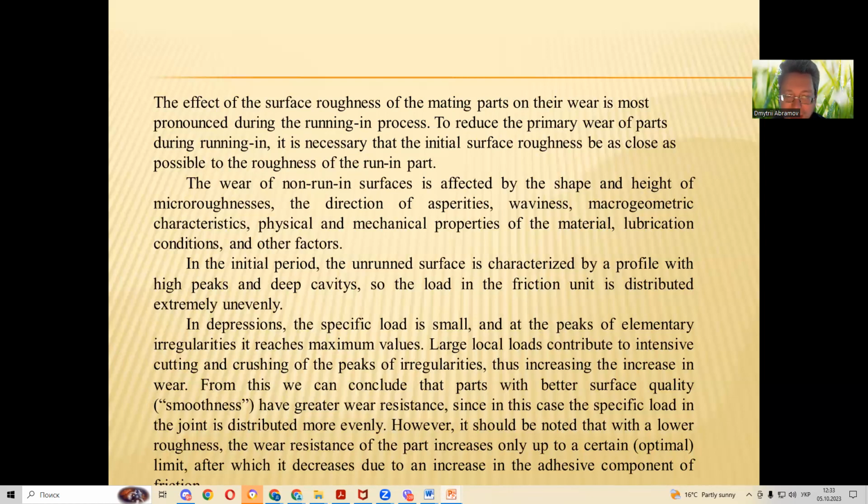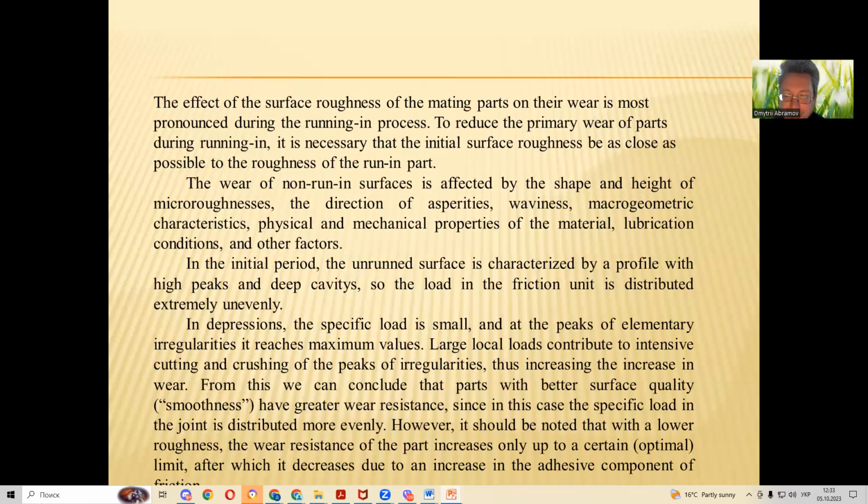From this, we can conclude that parts with better surface quality, smoothness, have greater wear resistance, since in this case the specific load in the joint is distributed more evenly.